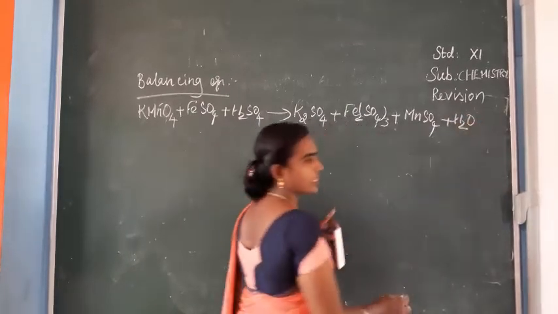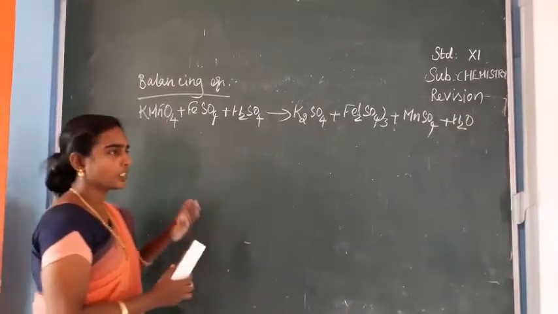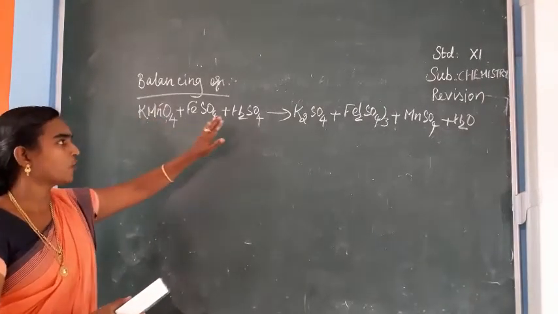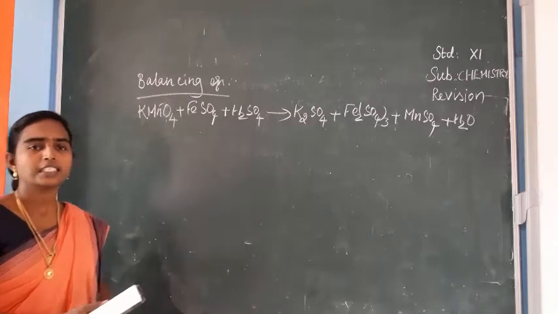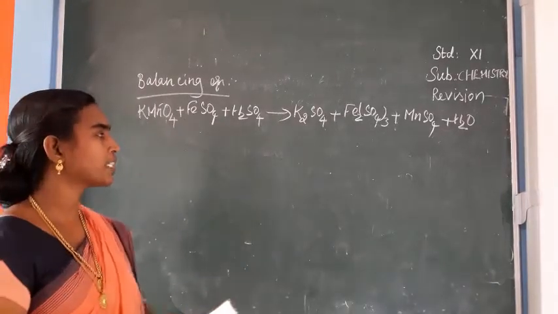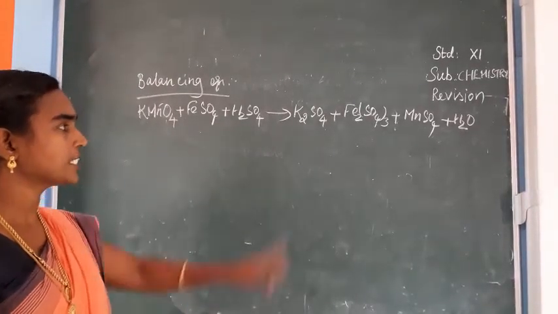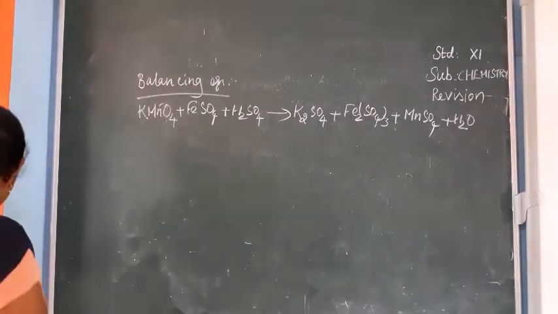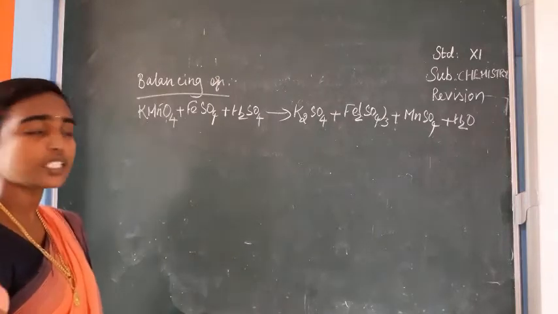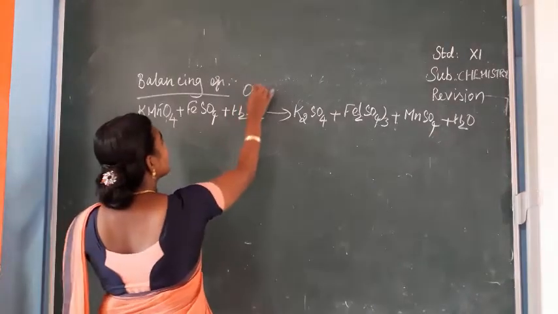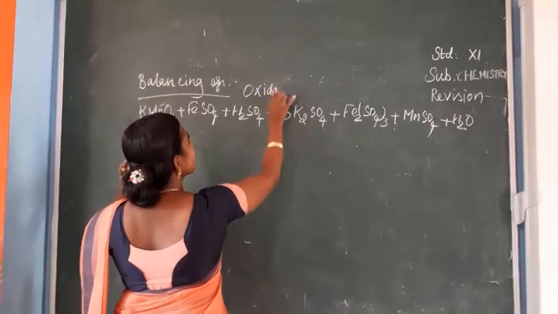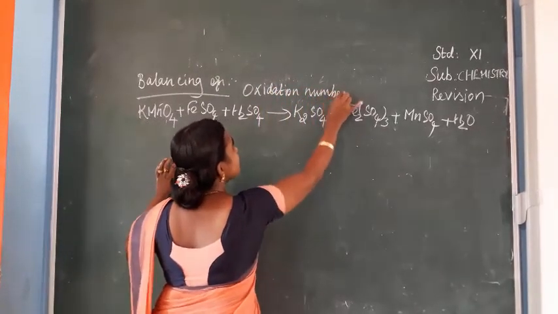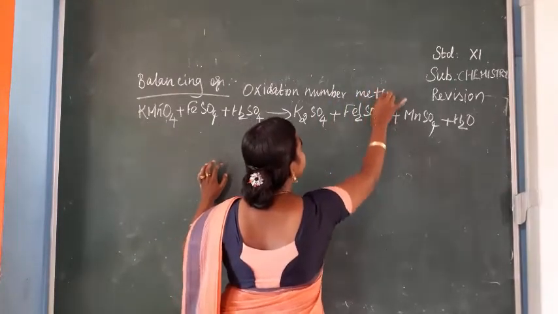So this is the question. Okay, the question they will give. So that question is given: KMnO4 plus FeSO4 plus H2SO4 gives K2SO4 plus Fe2(SO4)3 plus MnSO4 plus H2O. So the question is how to balance the equation using the oxidation number method.